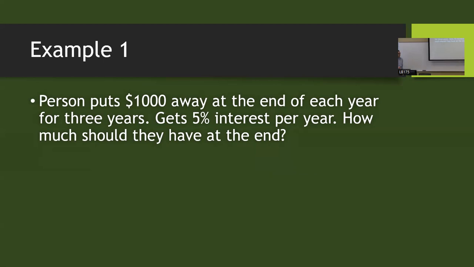That person is going to gain 5% interest. How much should they have at the end of the 3 years? Does that make sense? Put in $1,000 per year at the end of each of 3 years.